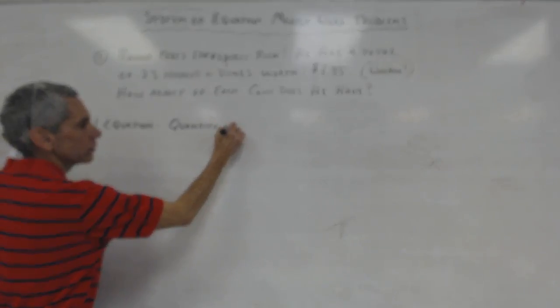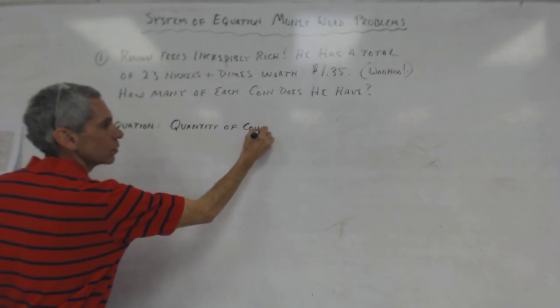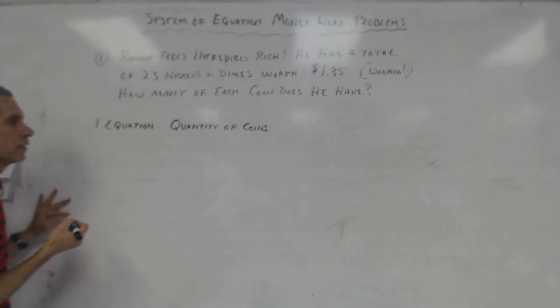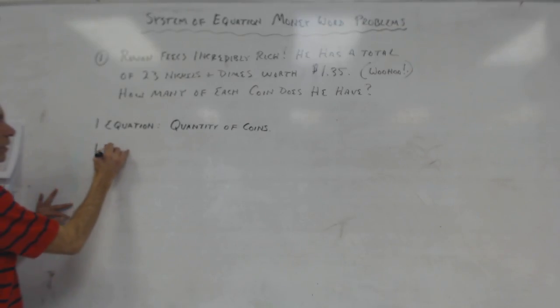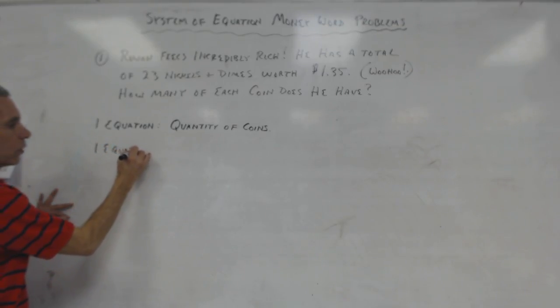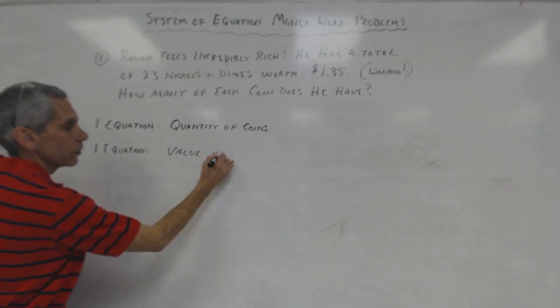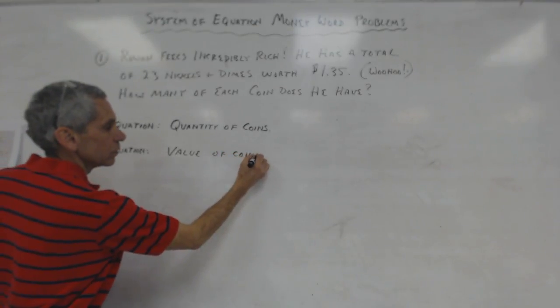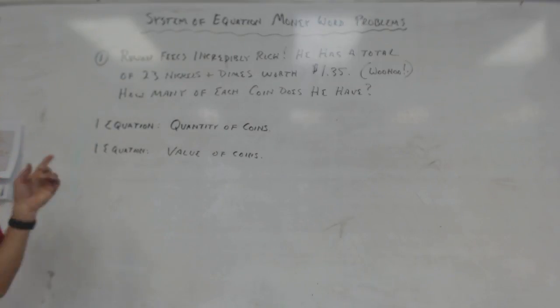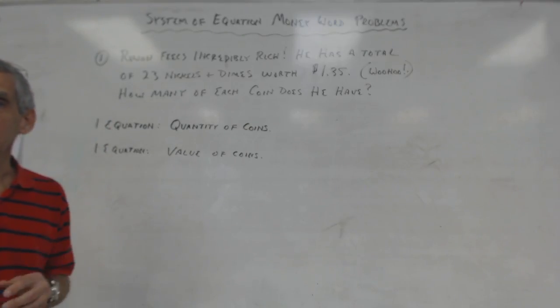Quantity means how many, right? And then one equation that focuses on the value of the coins. How many coins does he have? 23. And what type of coins?